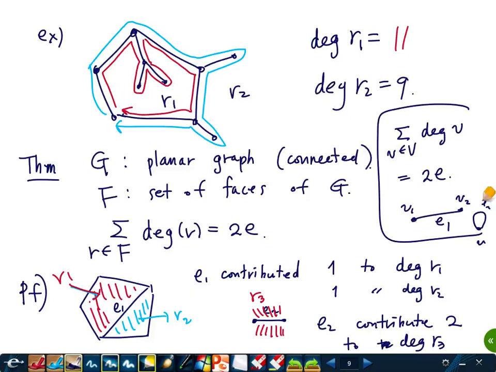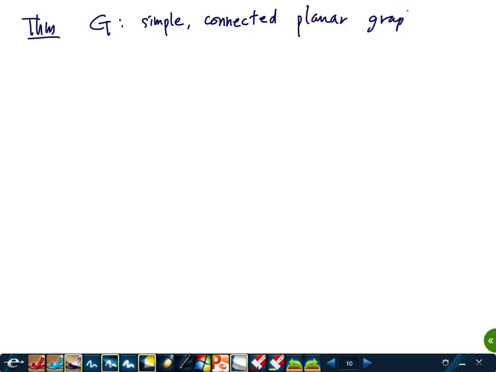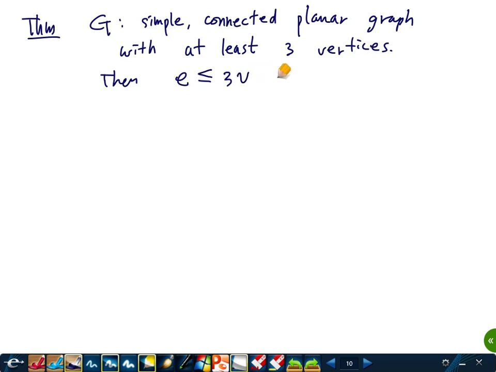And now we can find some property of a planar graph using this theorem. Theorem: if G is a simple connected planar graph with at least 3 vertices, then the number of edges is less than or equal to 3 times the number of vertices minus 6.